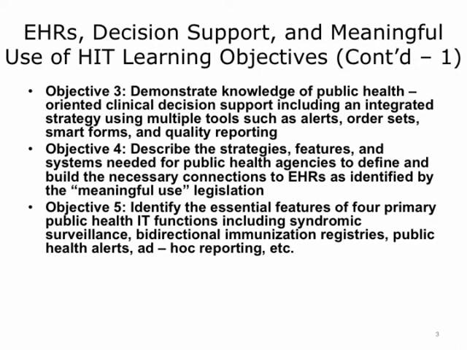Describe the strategies, features, and systems needed for public health agencies to define and build the necessary connections to EHRs as identified by the meaningful use legislation. And 3. Identify the essential features of 4 primary public health IT functions, including syndromic surveillance, bidirectional immunization registries, public health alerts, ad hoc reporting, etc.